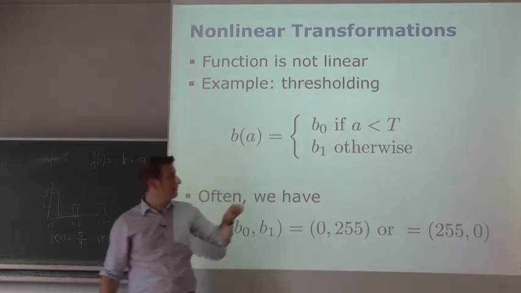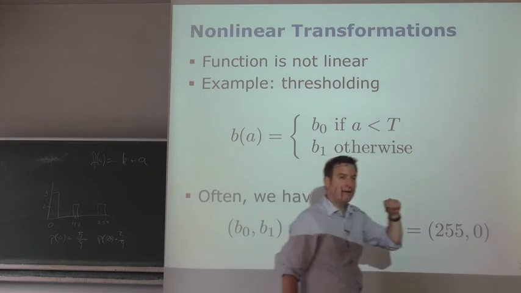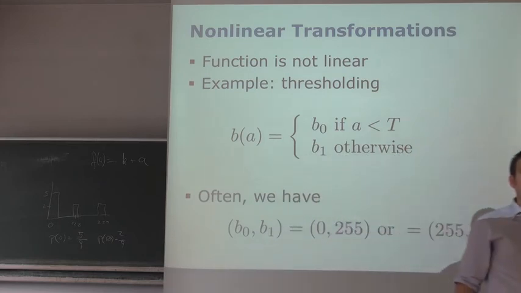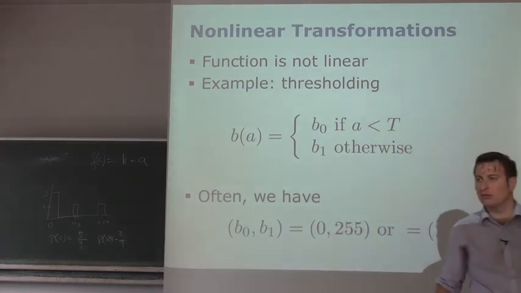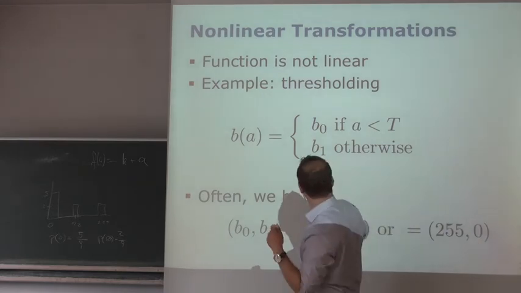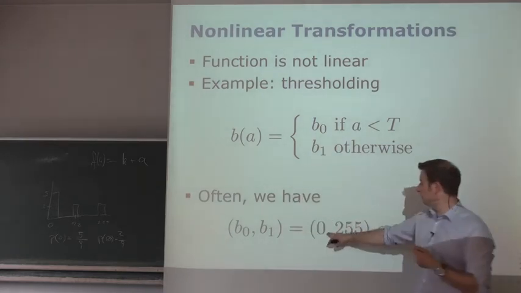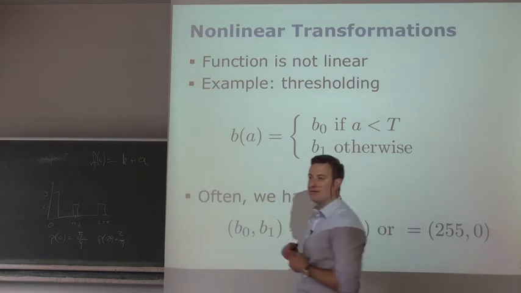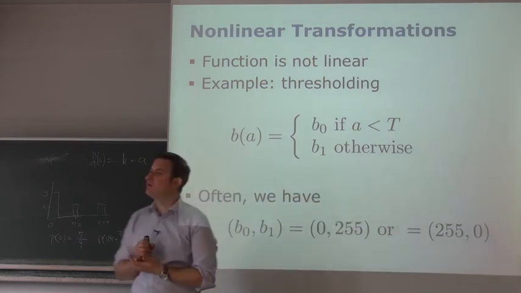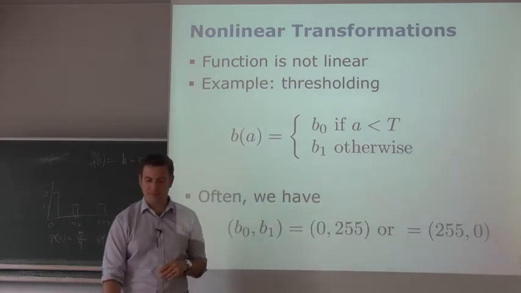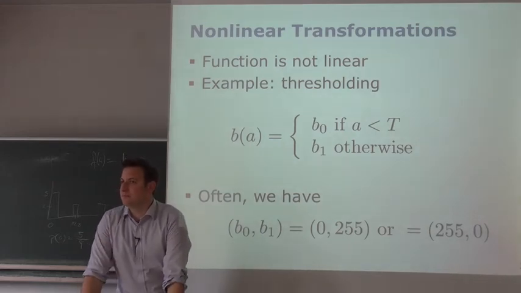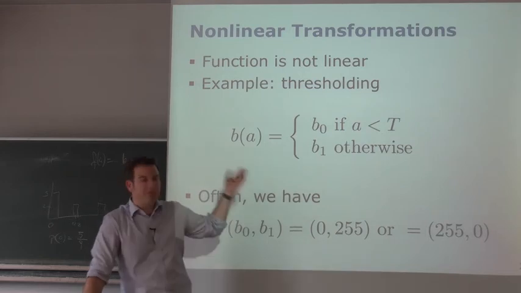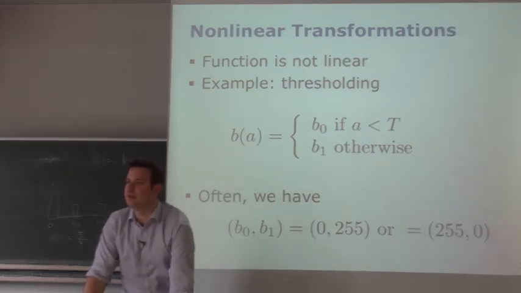So in the end, if I do this thresholding operation, I have only two possible values in my output image, b0 and b1. If I choose these as 0 and 255, it will be black or white. For what could such an operation be useful? Why may this be a useful operation?